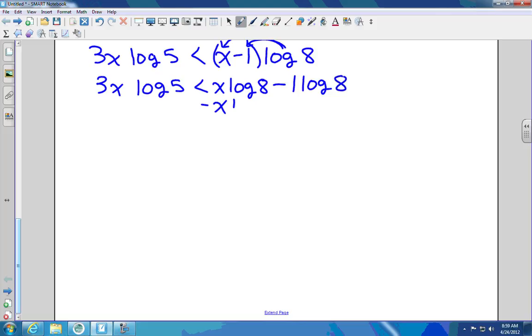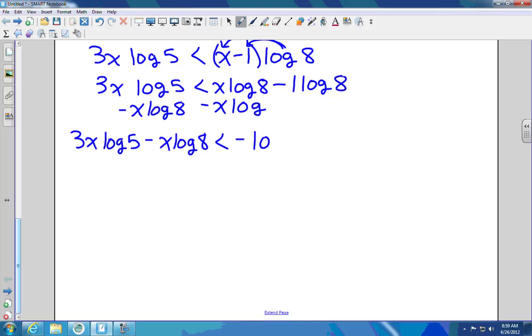So x log 8, you are subtracting from both sides. And you can't actually combine them, so you just write 3x log 5 minus x log 8 is less than negative 1 log 8.